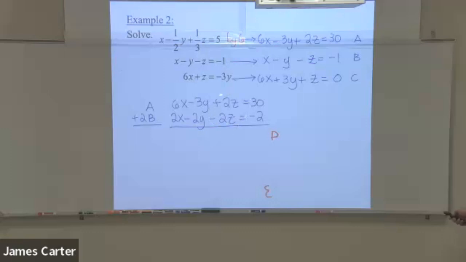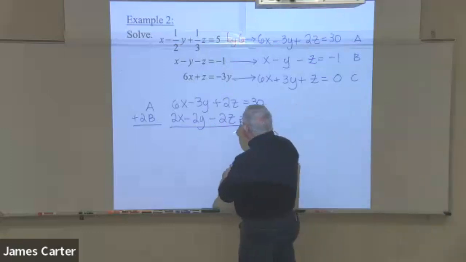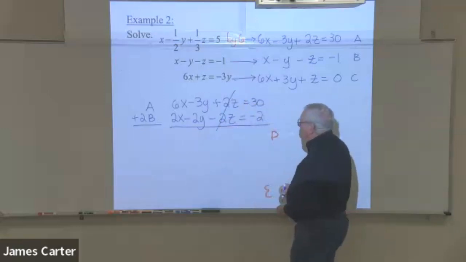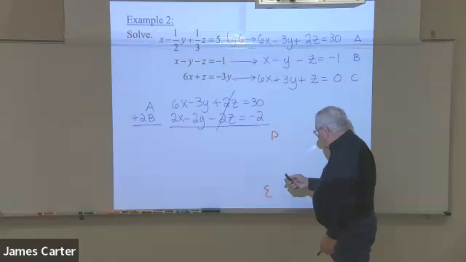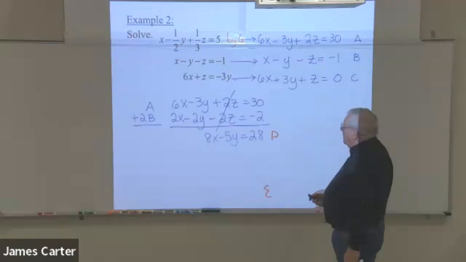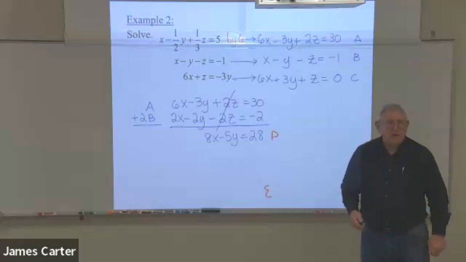Now I've got an opposite pair of z's. So these 2 are going to cancel out. And then that's going to leave me remaining 8x minus 5y equals 28. And that's my equation D.